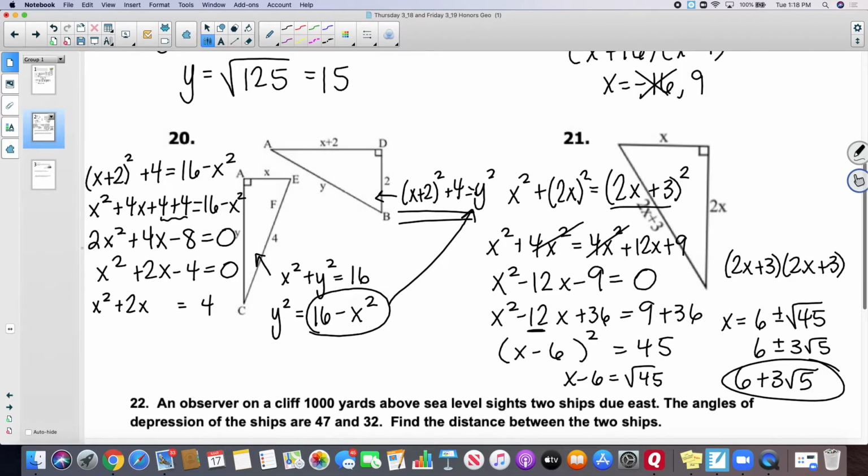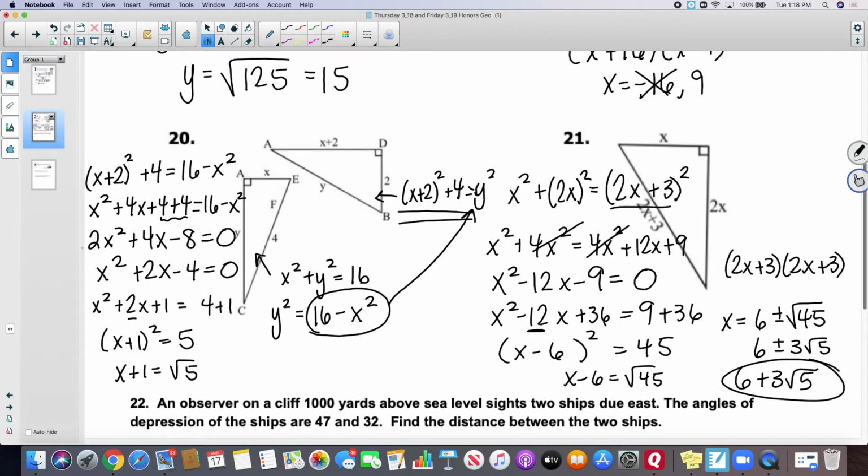Remember, we do b divided by 2 squared. So if I take this and divide it by 2 and square it, that's going to be plus 1 on both sides. So that's going to be x plus 1 squared equals 5. So x equals negative, actually, let me go back a step. This is going to be x plus 1 equals the square root of 5.